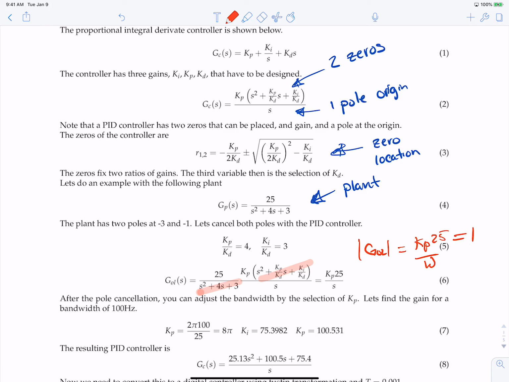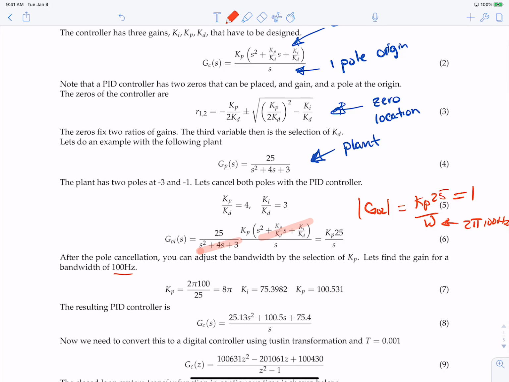We'll set this equal to 1, where omega is equal to 2 pi, what did I say, 100 hertz. So you can find the Kp now. If you do that, Kp comes out to be 8 pi. Once you have Kp, you can solve for Kd, and once you have Kd, you can solve for Ki. So if you do all that, these are the 3 values for Kp, Ki, and Kd.